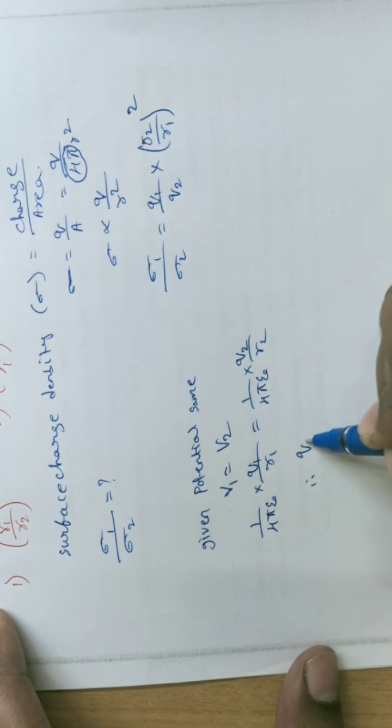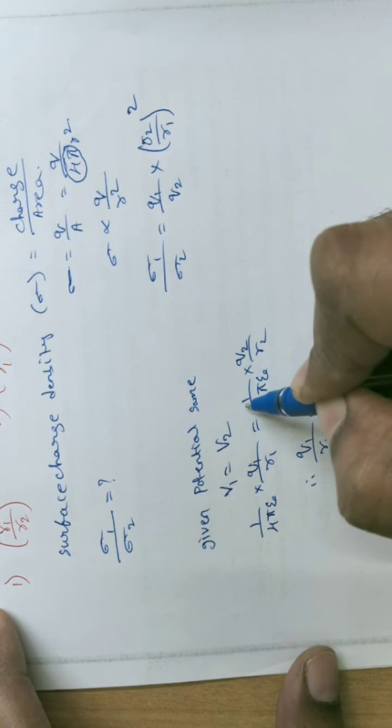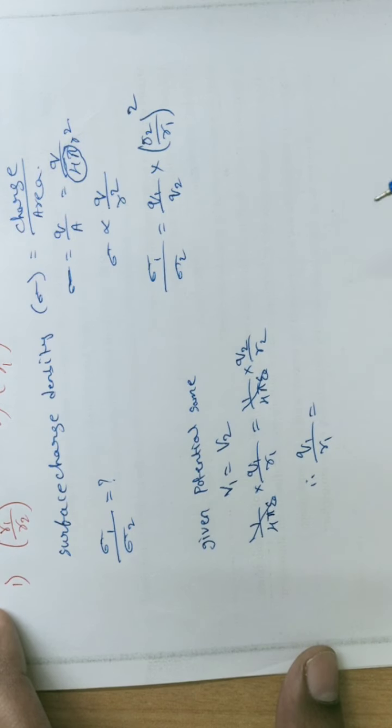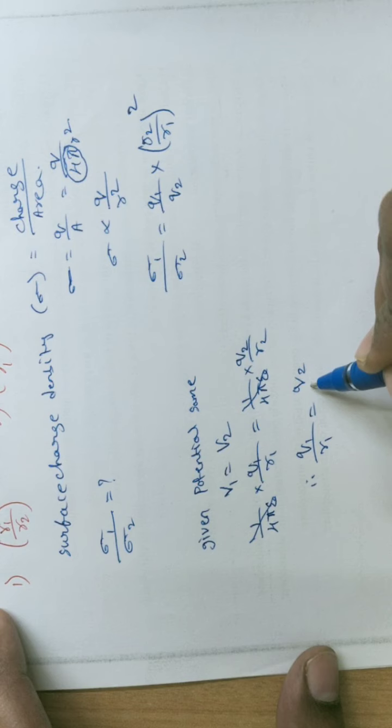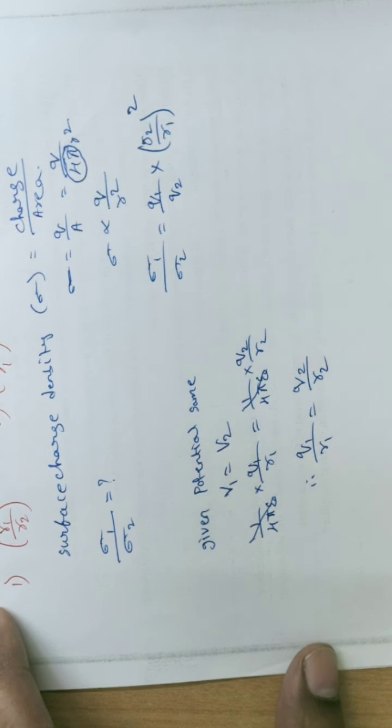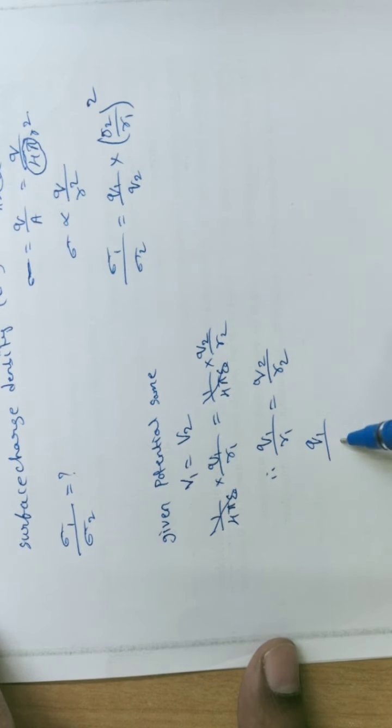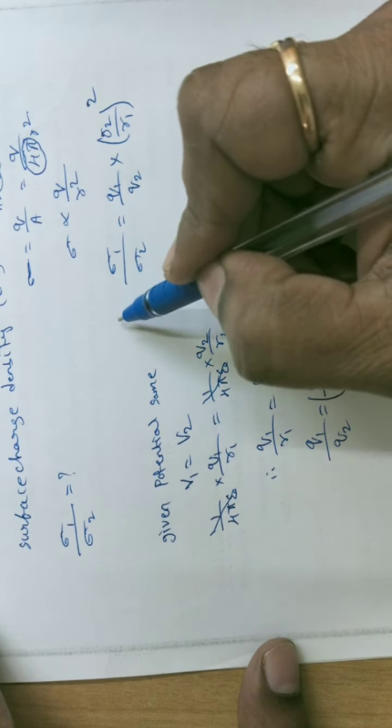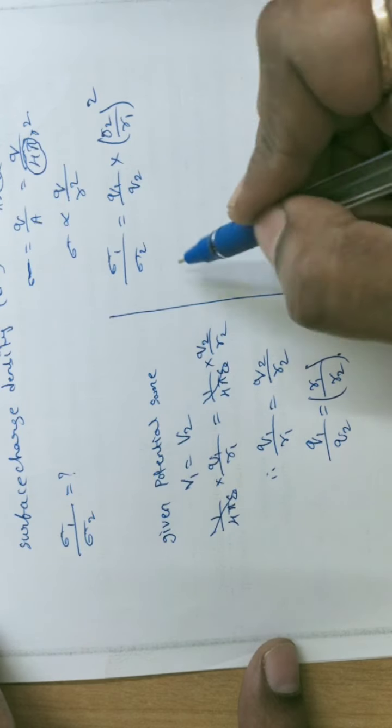Therefore, by cancelling 1 by 4 pi epsilon naught, we get q1 by r1 is equal to q2 by r2. So q1 by q2 is equal to r1 divided by r2. This is one relation we are getting. These values we may substitute here.